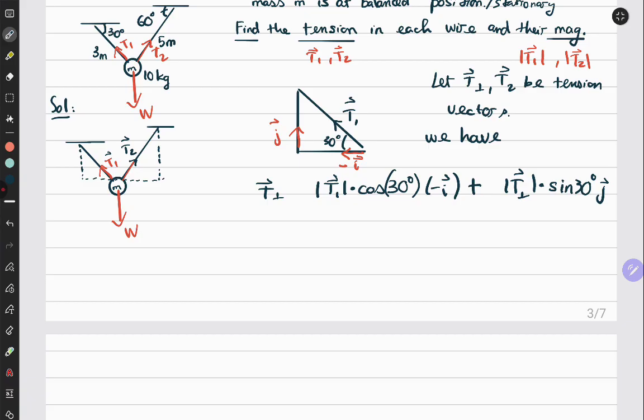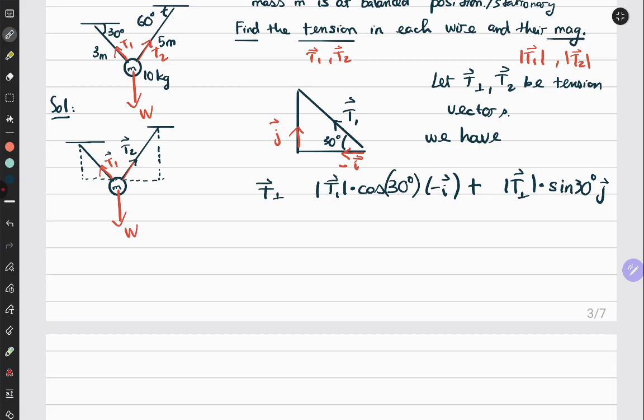Can you make a connection between this number 30 and this? The ratio thing, the cosine, sine, the adjacent, the hypotenuse, the opposite.